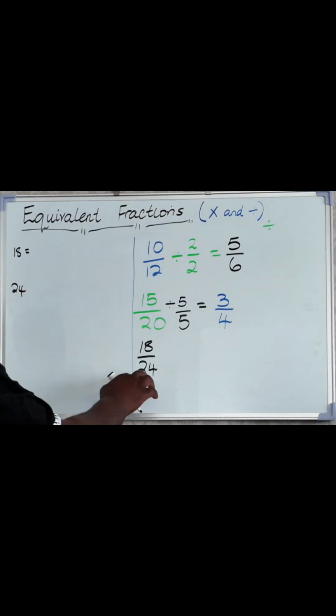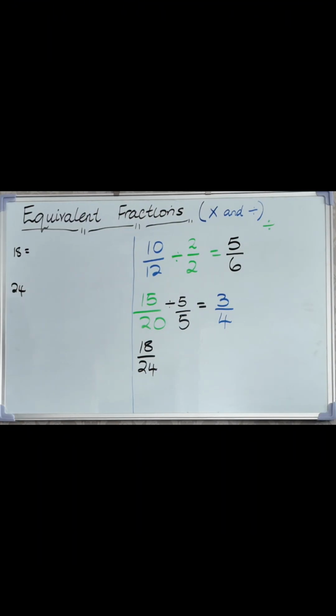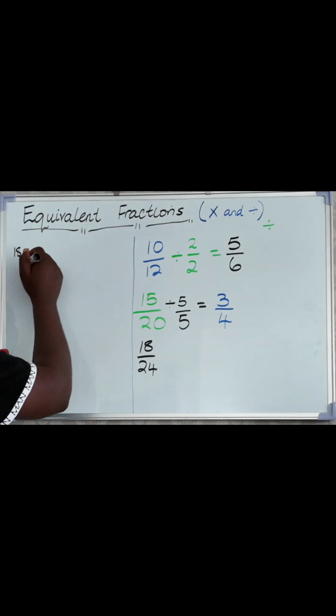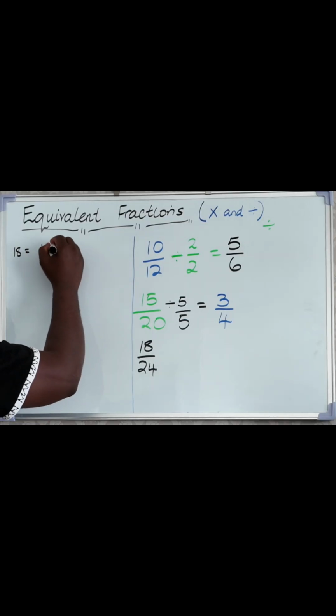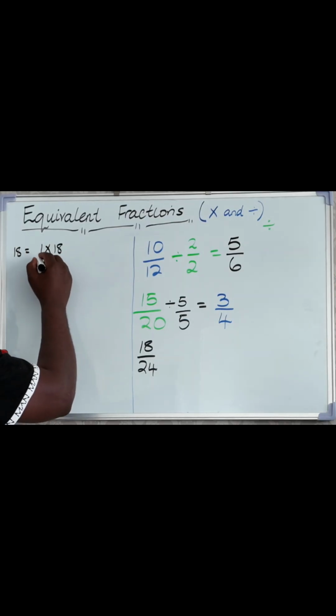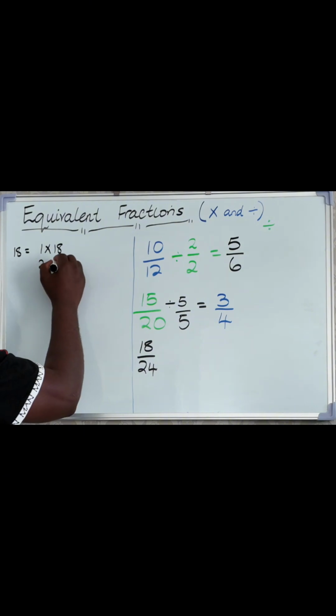Right, so let's now look at 18 over 24. Because 18 over 24 might have more than one number that goes into both of them without leaving a remainder, we're going to say, okay, how do we make 18? The first one is 1 times 18. The second one is 2 times 9.